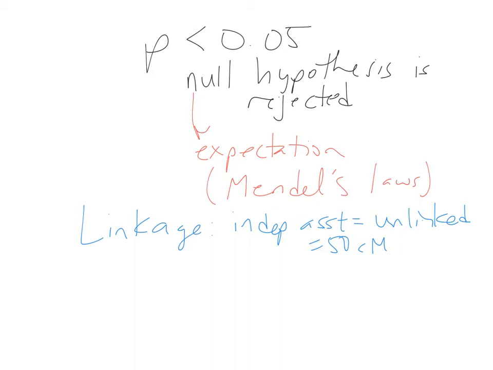Why is it necessary to use chi-square analysis together with linkage? So what do you know about linkage? What are the basic rules, basic principles? Genetic distance, less than 50 centimorgans, right, more likely linked.